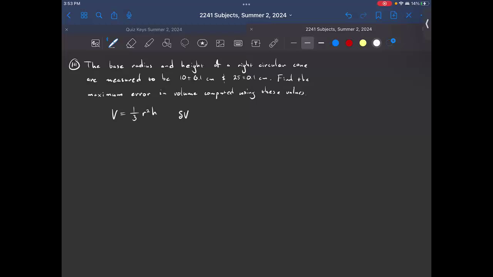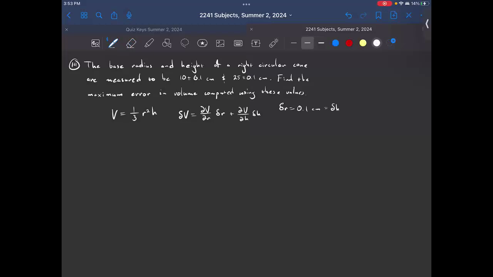So we need delta V, and this is partial V, partial r, little delta r, plus partial V, partial h, little delta h. All right, let's get our little delta values first this time. So these are going to be 0.1 centimeters, and okay, that one's also 0.1 centimeters.